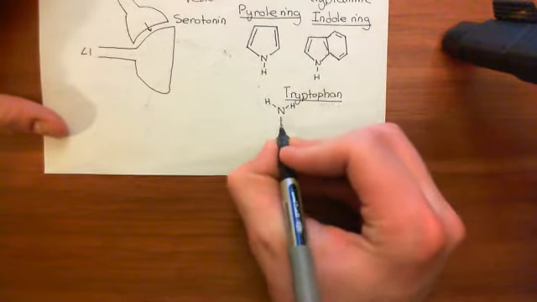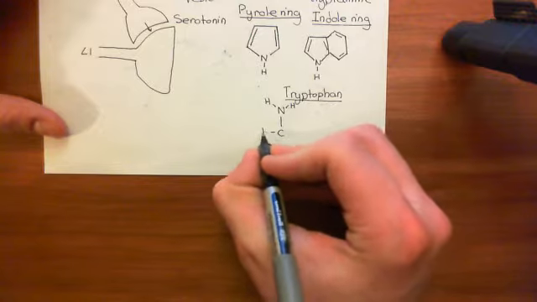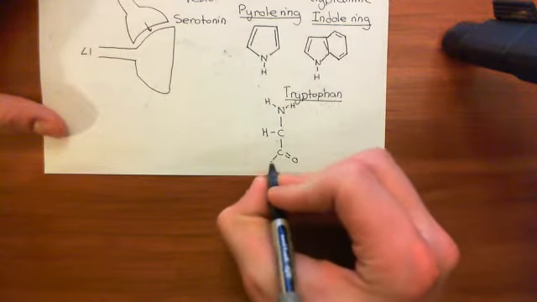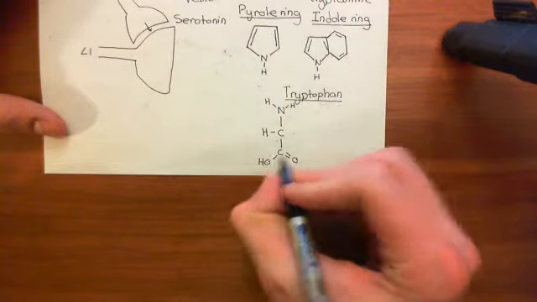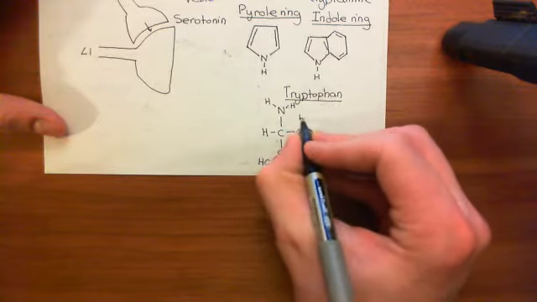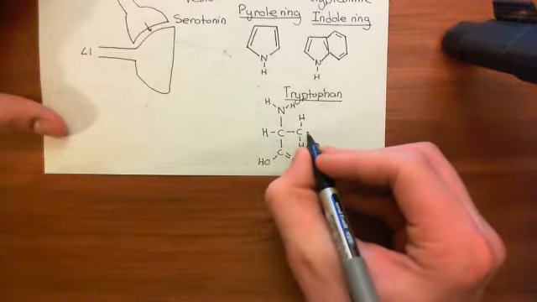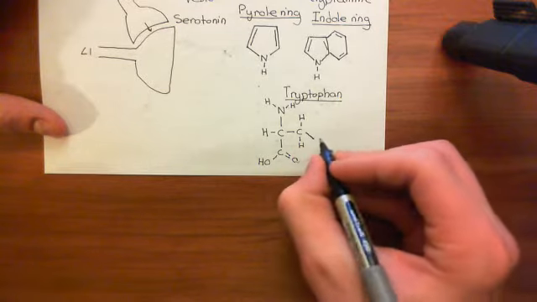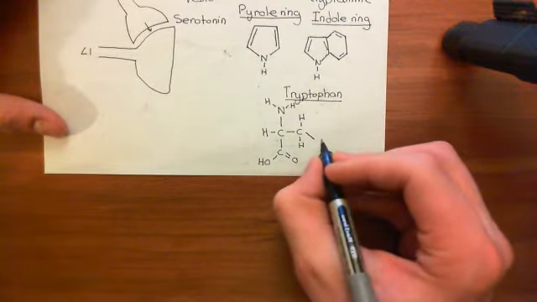Then we've got the alpha carbon of the amino acid here, with a hydrogen coming off it. Then we've got the carboxylic acid group down here. The R group of tryptophan consists of a methylene group, with this indole ring coming off the side.